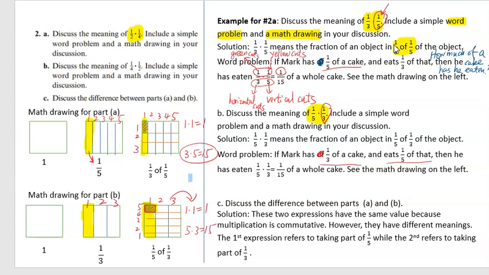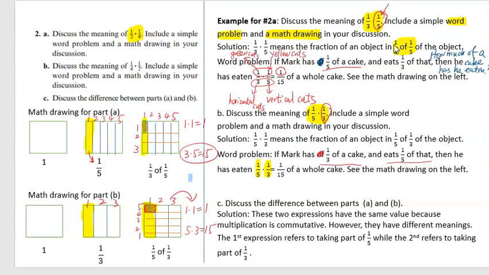Okay, now finally, discuss the difference. So again, as what I just said, these two expressions have the same value because multiplication is commutative. When you switch the numbers, you will get the same answer. However, they have different meanings. The first expression refers to taking a portion of 1/5. So we have 1/5, and then we take this 1/5 and divide it into 3 parts.